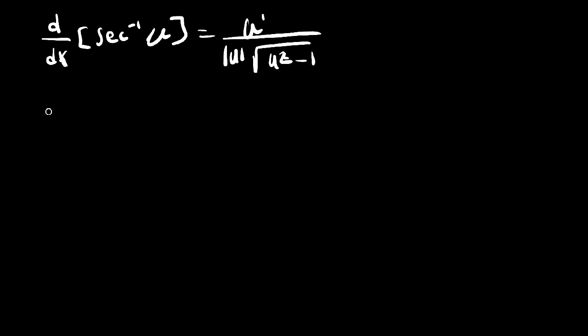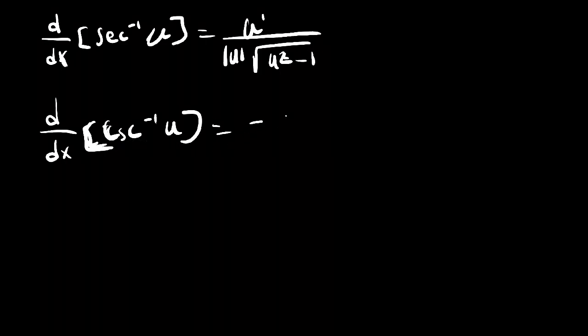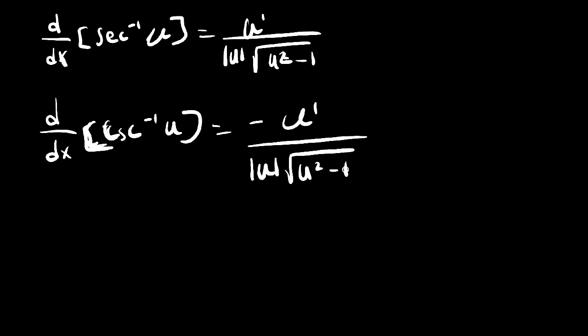And then cosecant inverse u is negative u prime over the absolute value of u, and then the square root of u squared minus 1. So once again we have a negative for cosecant, and we have a positive for secant.